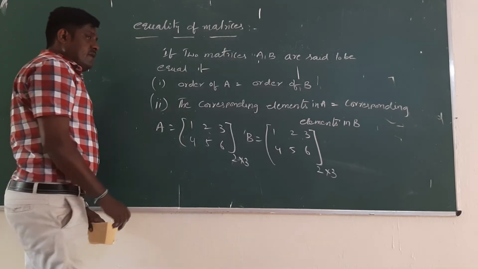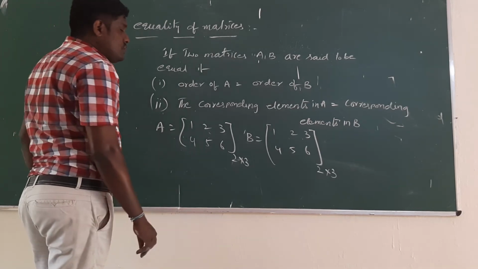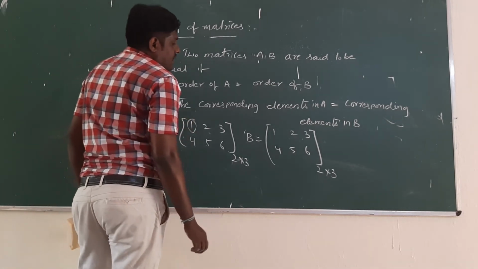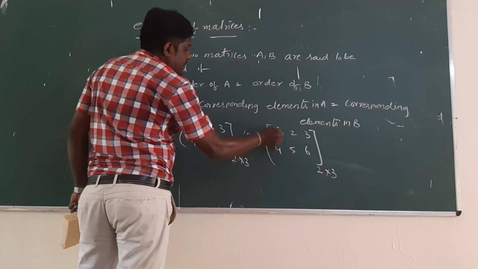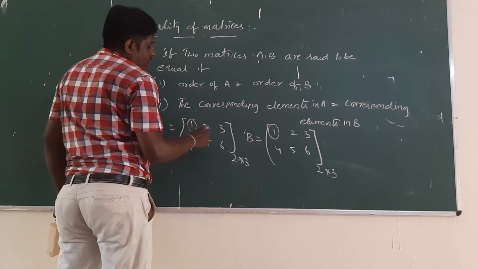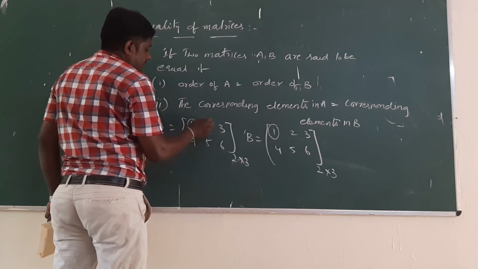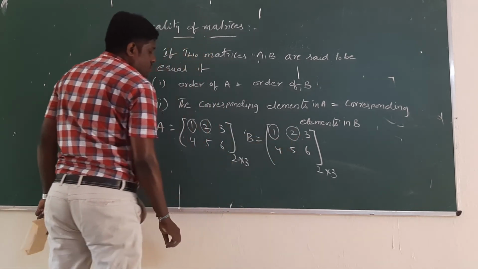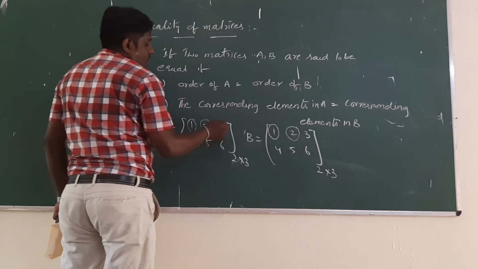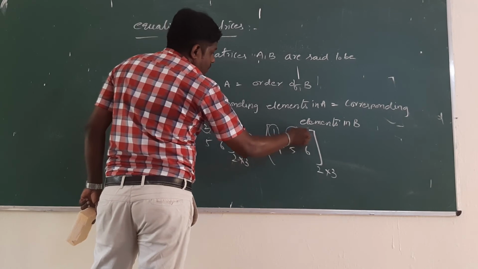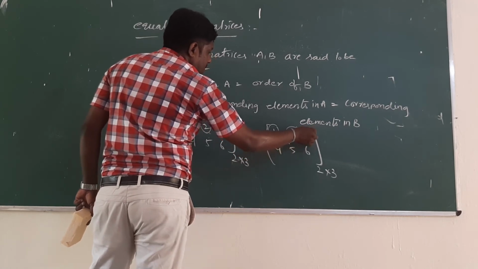And the corresponding elements in A and B: the first element of the first row in matrix A is 1, and in matrix B it is also 1. The first row and second column in matrix A is 2, in matrix B also 2. First row and third column element is 3, in B also 3.